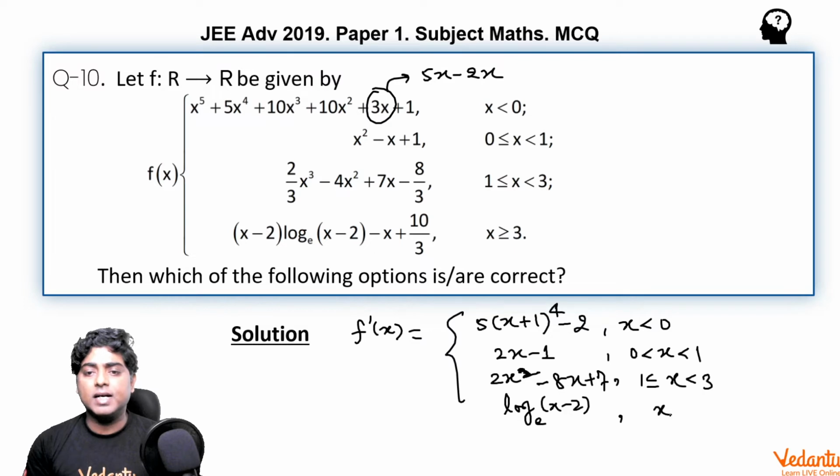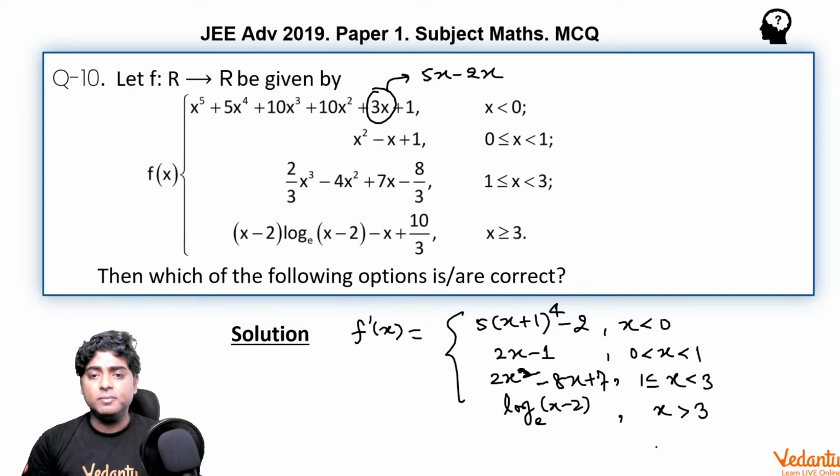And at x equal to 3 it is 0. At x equal to 3, the above part is 9 into 2, 18, plus 7 is 25, minus 24 is 1. So for x greater than 3, we can write this. We should not carry 3 here also, the equality sign.